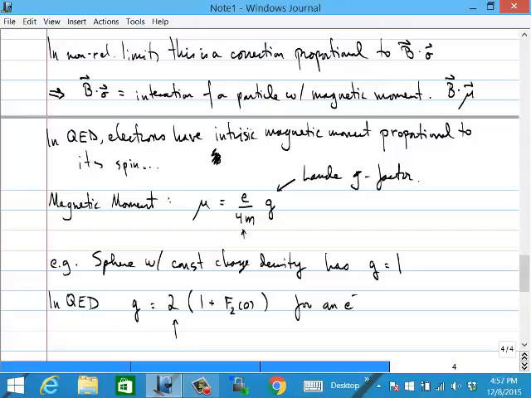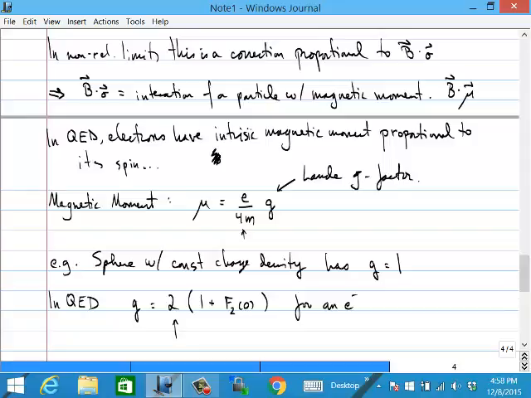And it was really Dirac who discovered that it was a consequence of special relativity. When you try and write down a theory of an electron interacting with photons consistent with special relativity, that constrains the possible form of interactions. And it tells you that at leading order, the Landé g factor, describing the magnetic moment of the electron, has to be equal to 2 rather than 1.